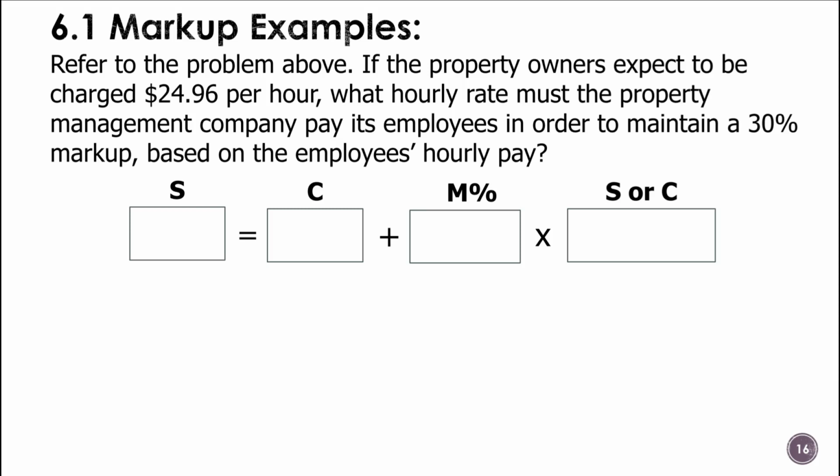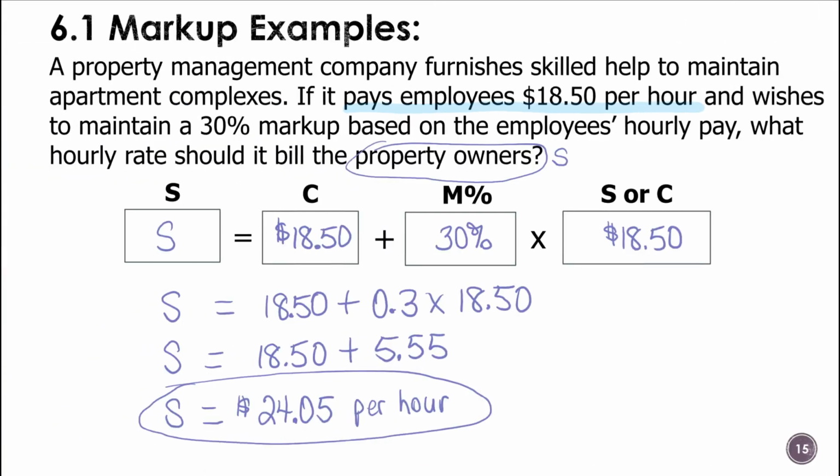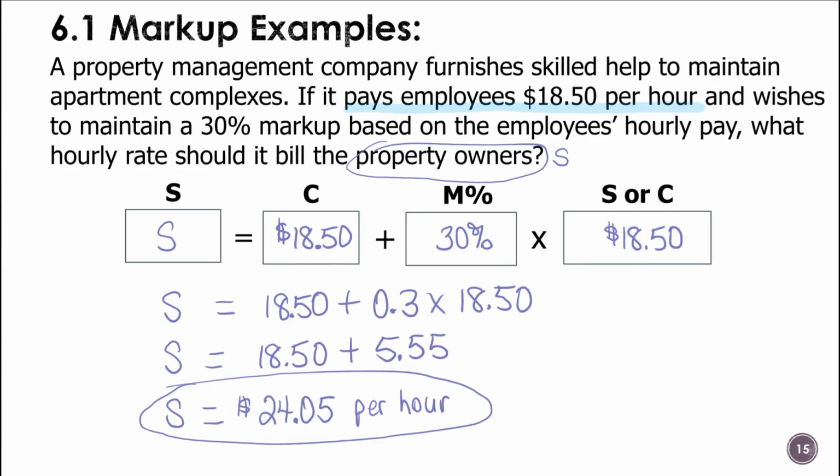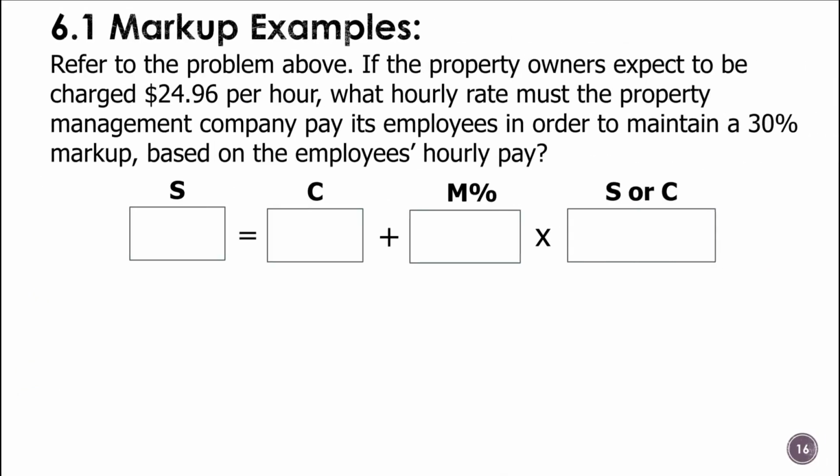All right, so we're using some of the information from the previous question. So the property owners are saying they expect to be charged $24.96 per hour. So that means we know the selling price, right? Because that's the property owners, they pay selling price.